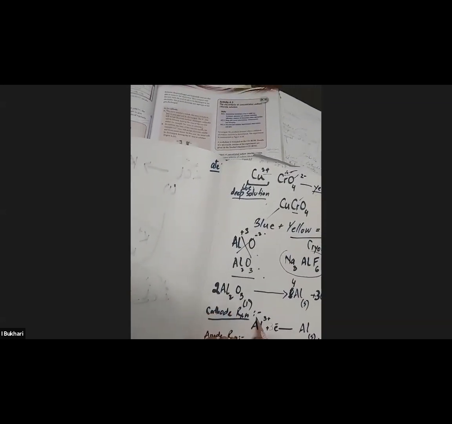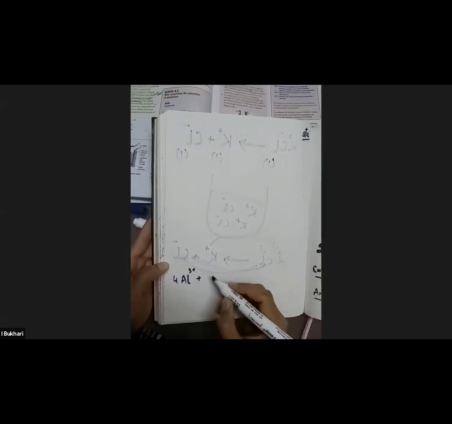Let's balance this. I'm just trying to balance this out. Let's see. For aluminum, maybe I'm wrong. Let me see. They haven't been balanced, by the way, in your book. Maybe I'm wrong, I don't know.